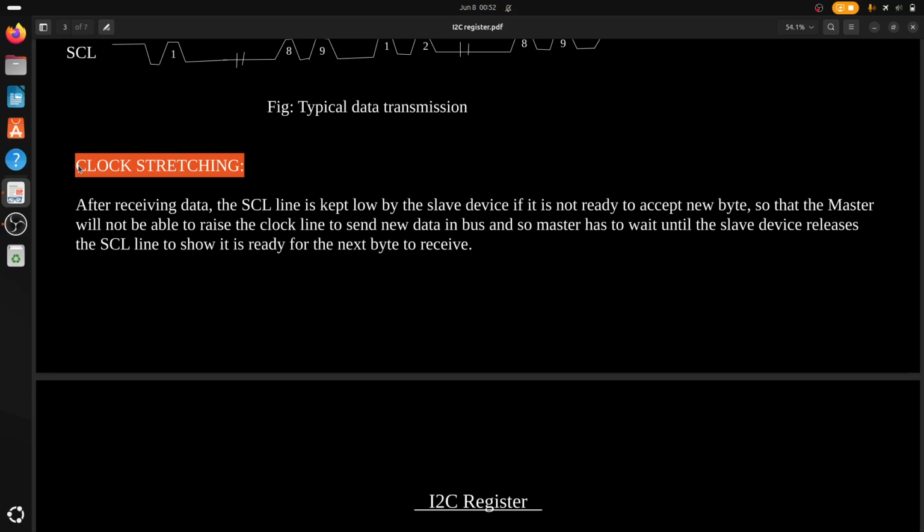And then when it releases the clock line that was kept low, the master will pull the clock line high in order to set the start condition for transmission. Okay. To set the start condition, the clock line needs to be pulled high by the master because of that.